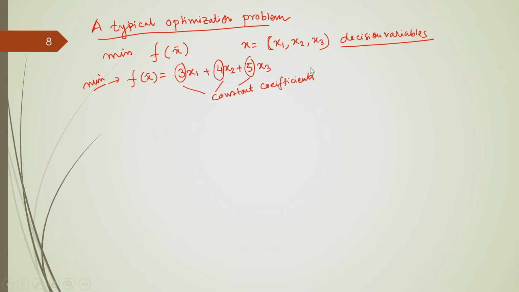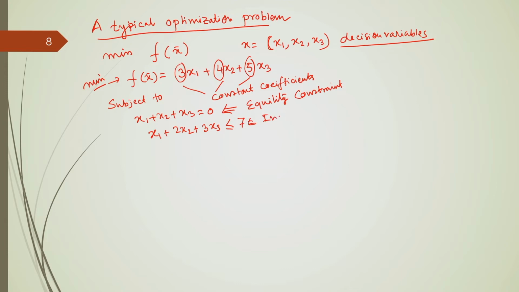And this optimization problem may be subject to some constraints like x1 plus x2 plus x3 is equal to 0. This is an example of an equality constraint. And it can be, let us say, x1 plus 2x2 plus 3x3 less than or equal to 7. This is an example of an inequality constraint.